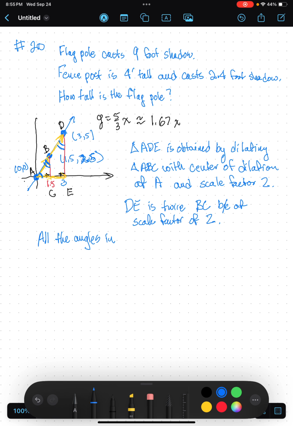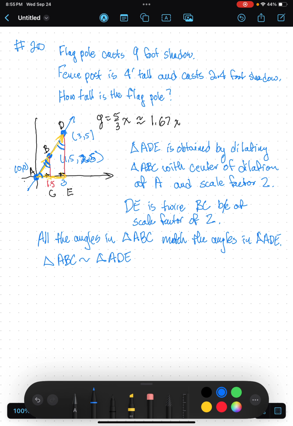So all of the angles in triangle ABC match the angles in triangle ADE. That means triangle ABC is similar to triangle ADE.